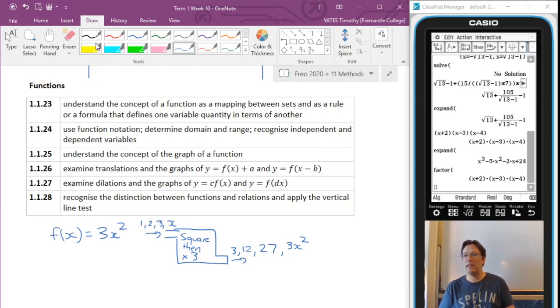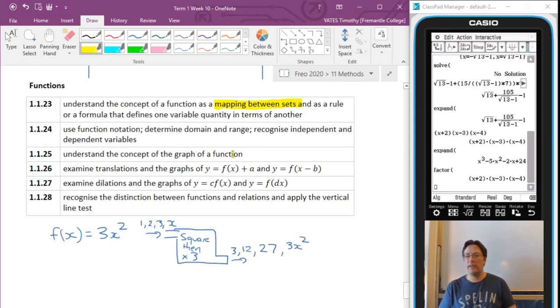It is a mapping between sets. So it's a way to map things from one side to the other. And it's a rule or formula that defines one variable quantity in terms of another. One of the things about them as well is that you can only get one output for each input you put into it.